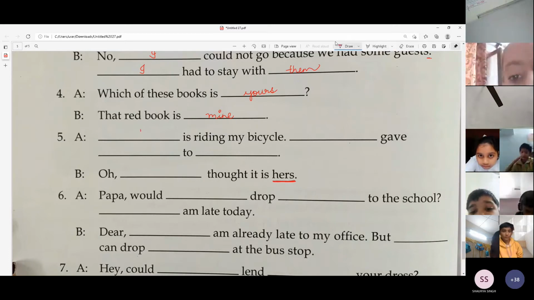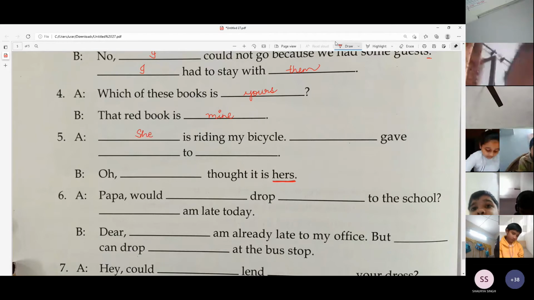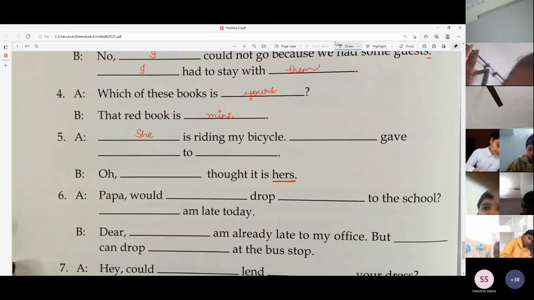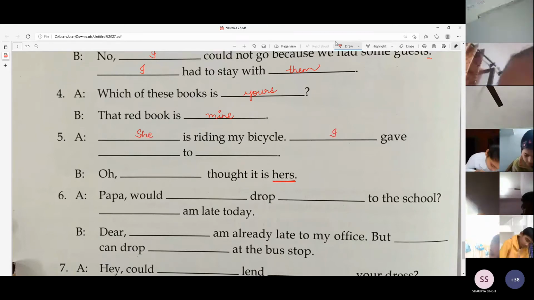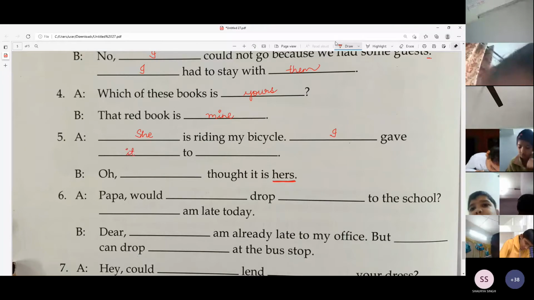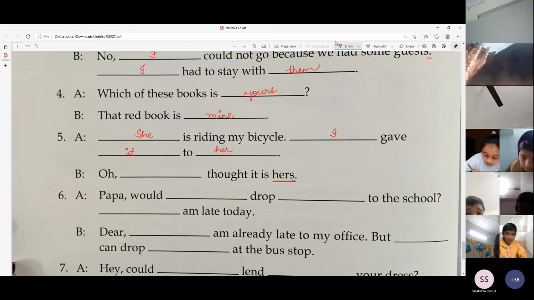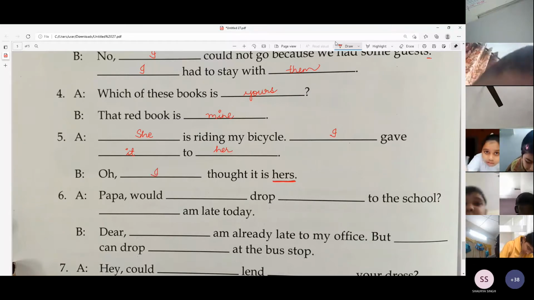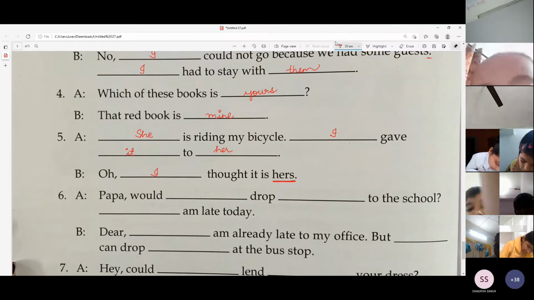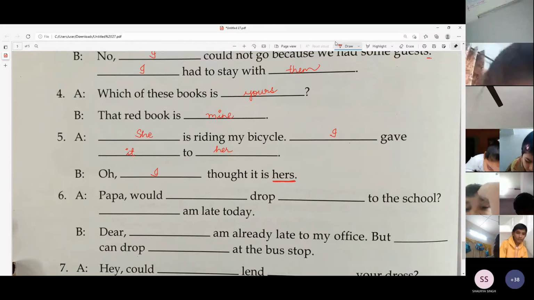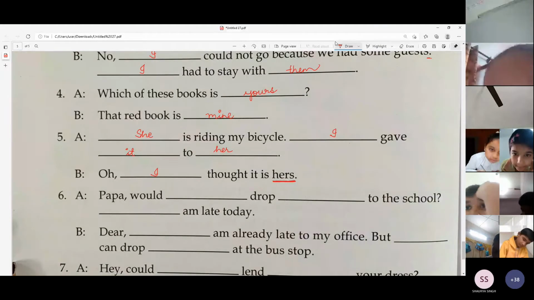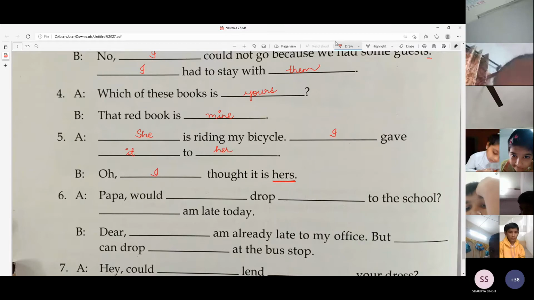So you'll write, she is riding my bicycle. I gave it to her. Oh, I thought it is hers. Okay? Clear?